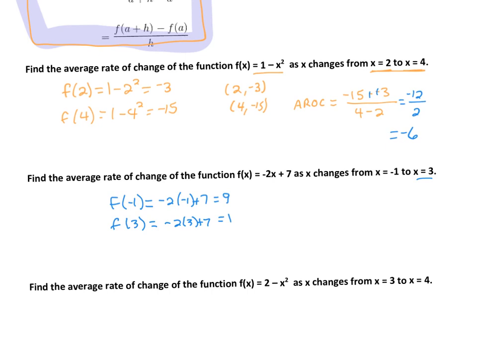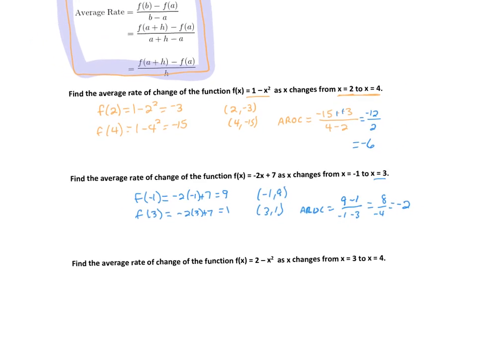For me personally, I'm so used to writing that slope formula, so I really like to write this as given points, so that I can very quickly and easily find my slope. So we're going to call it Aroc instead. In this case, I'm going to do 9 minus 1, then negative 1 minus 3. So we get 8 over negative 4, so we get an average rate of change of negative 2.